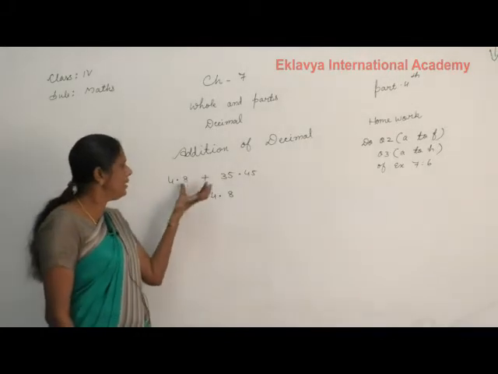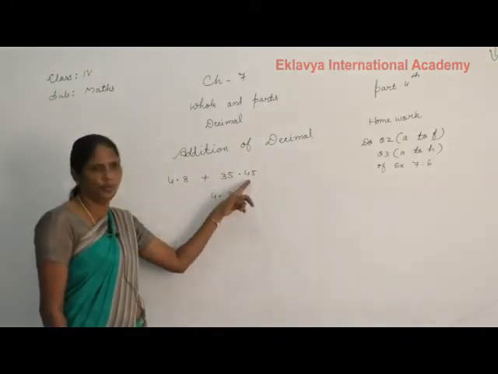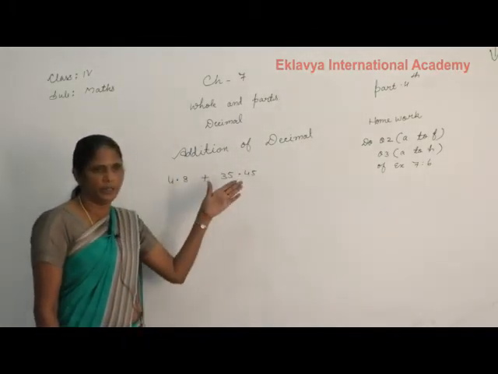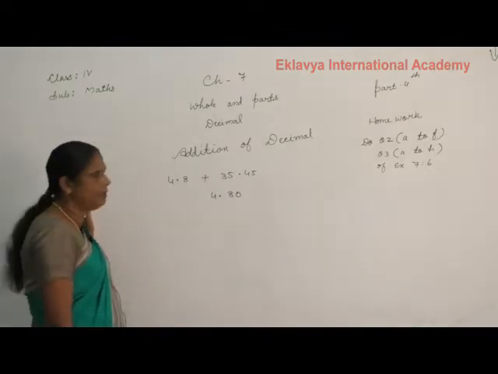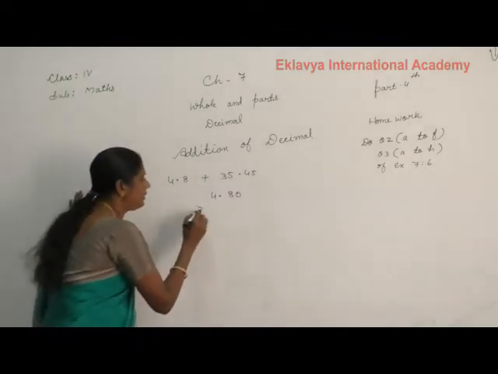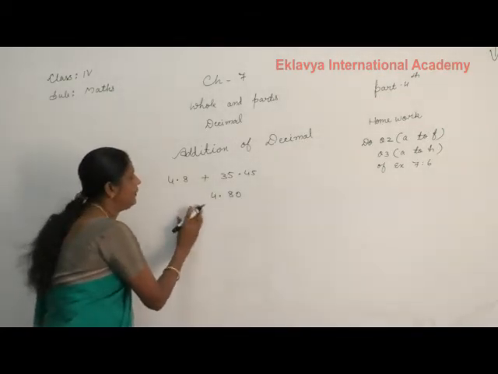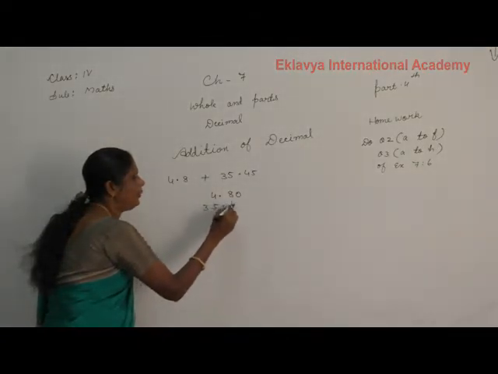How many decimal places here? Here 1, here 2. Therefore, these are unlike decimal numbers. You put a 0 here. Understand? Then we write it, and you don't put the 0 on the left-hand side of the decimal point. Then we write 35.45.